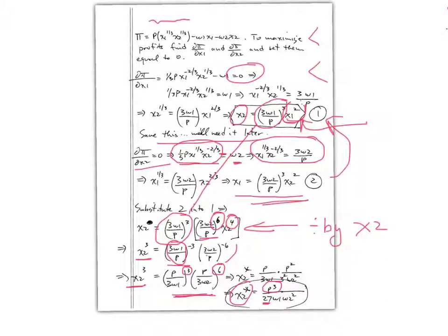So following that procedure, I can find my factor demand for x2. This is the firm's factor demand for x2. Notice that if P goes up, that is the output price rises, we would see the firm purchasing more of x2. If W1 goes up, that's the price of input 1, we would expect that the input for x2 would actually fall.